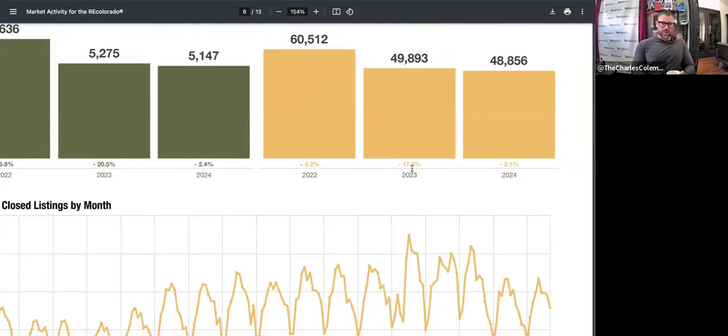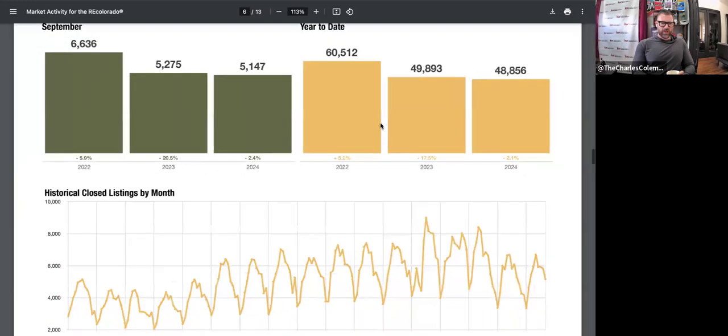Then in 2023, we went down to 49,000 closed units, which was 17% down. And then we fell even further by another 2%. So we are 19% down in closed units versus 2022.